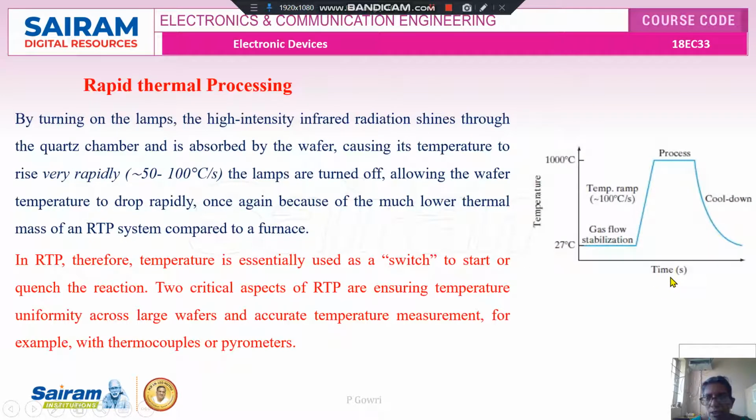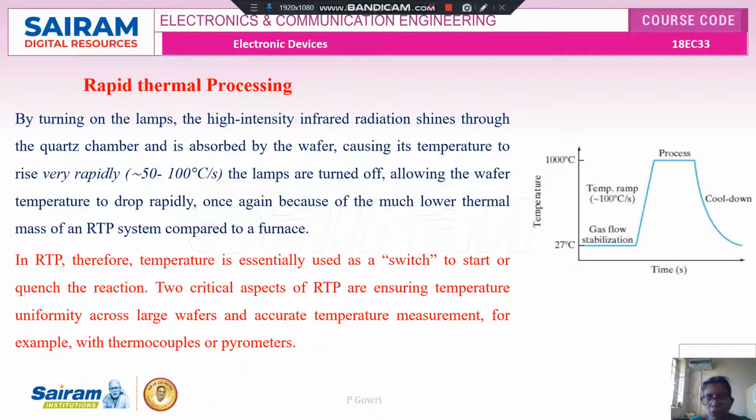Now, in case of the processing time, when I turn on the lamps, the high intensity radiation will shine throughout the quartz chamber, and it will also be reflected on the surfaces, and this intensity is absorbed by the wafer, causing its temperature to rise very rapidly.